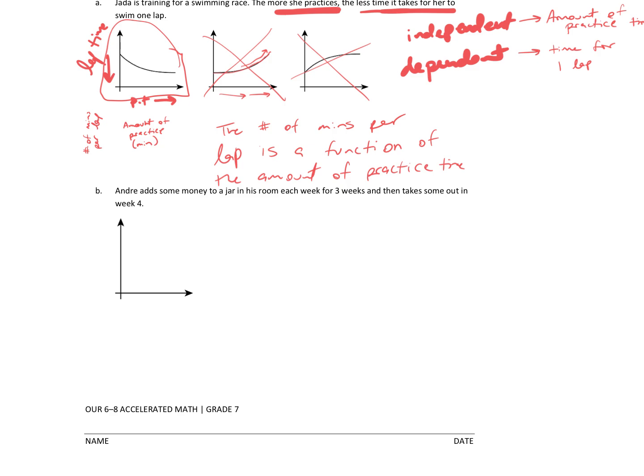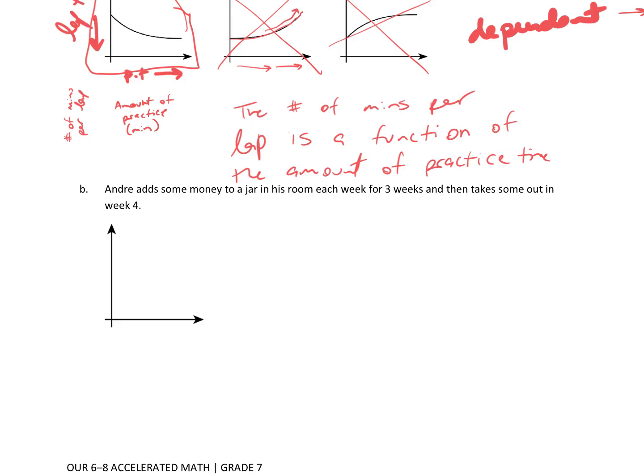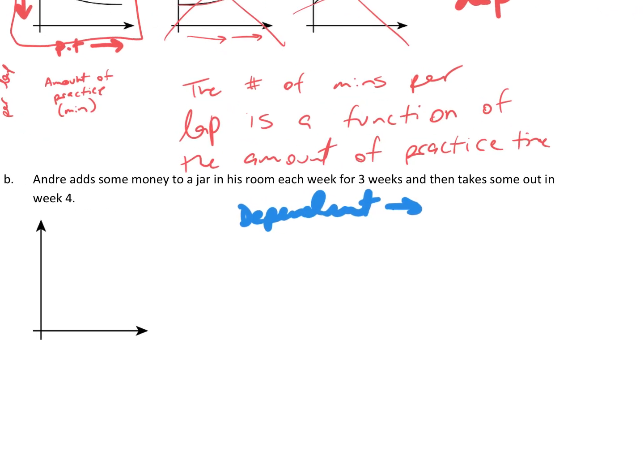So I would probably say that my dependent variable is going to be the amount of money in the jar. You could also say it's the amount of money coming out of the jar, depending on how you phrased it. I just went with the amount of money in the jar, which makes my independent variable the number of weeks.